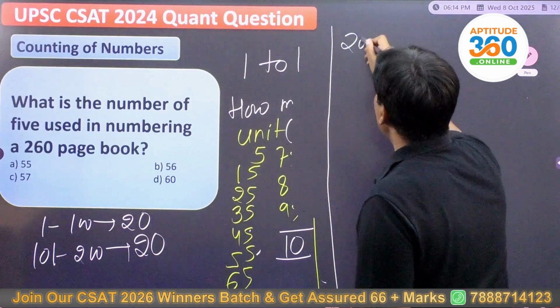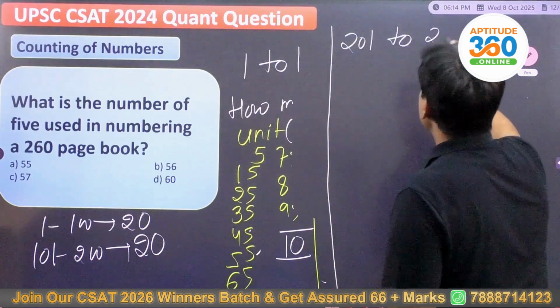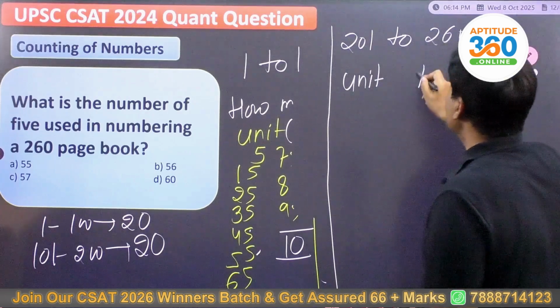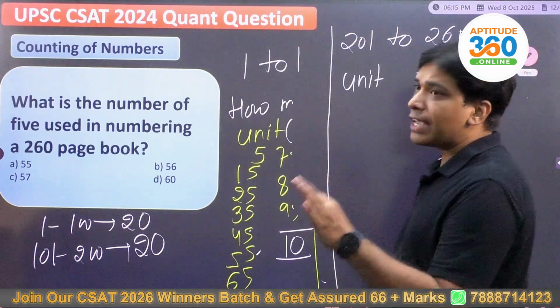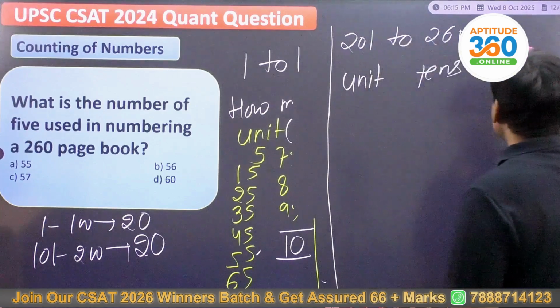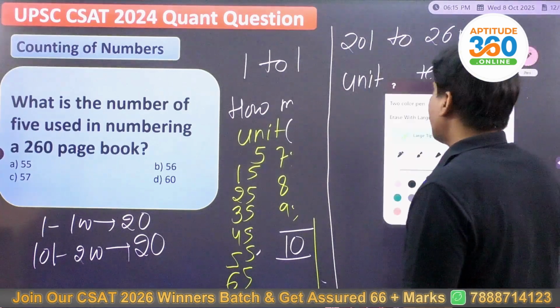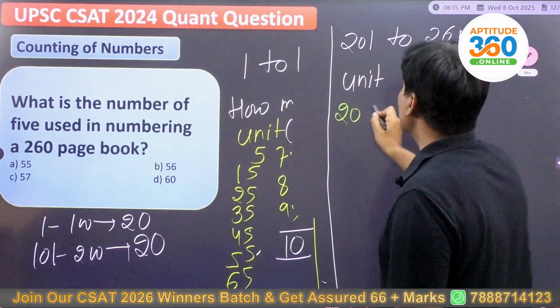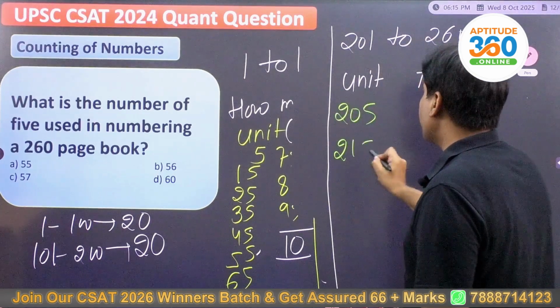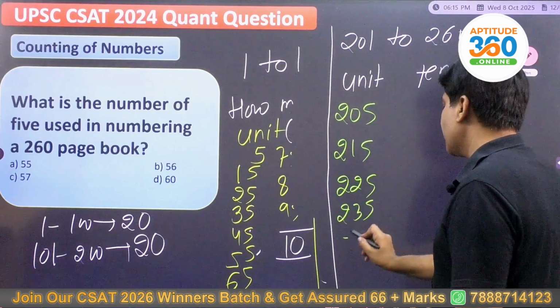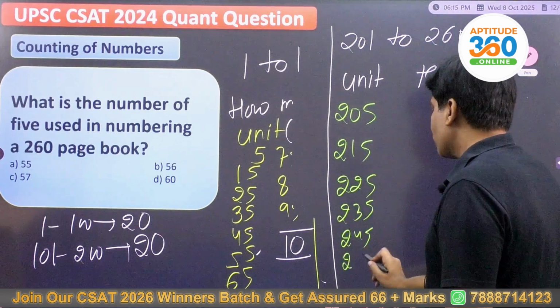From 201 to 260, we will have to count 5s at unit places and then tens places. You do not have 5s at the hundreds place, right? For the very first time at the unit places you're going to have 205, and then 215, 225, 235, 245, 255.